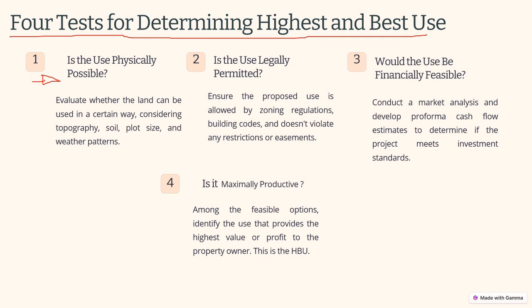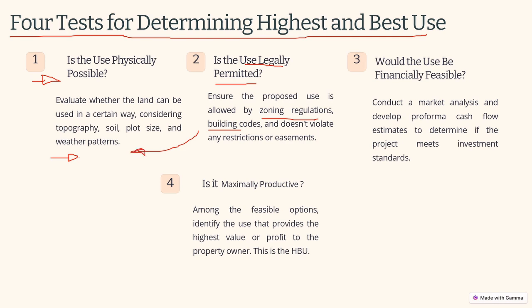Then you have to check whether the use is legally permitted. Let us suppose the property can be used for commercial, you think whether it is in a commercial zone or not, you think that the property's best use will be commercial. Then you have to check whether the zoning regulations, building codes, etc. allow you to use this land for commercial purpose.